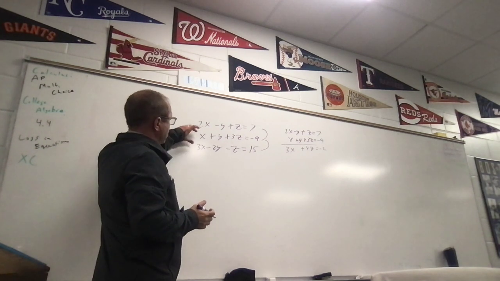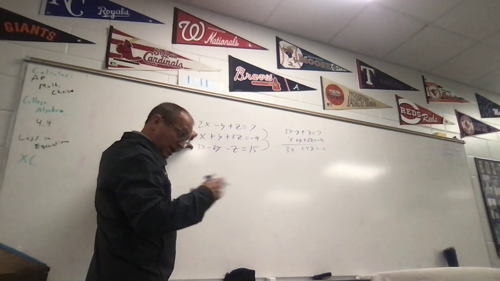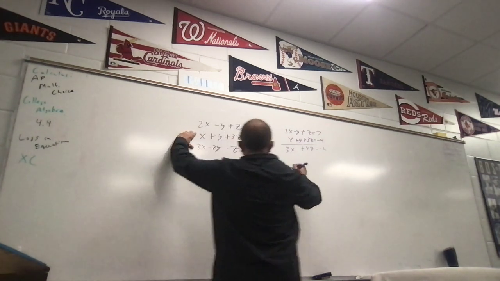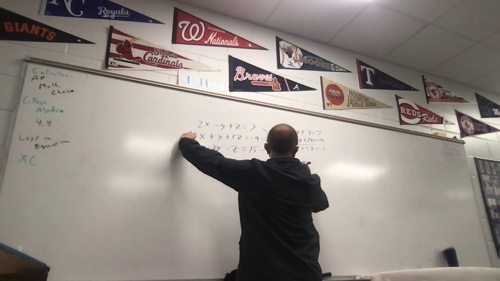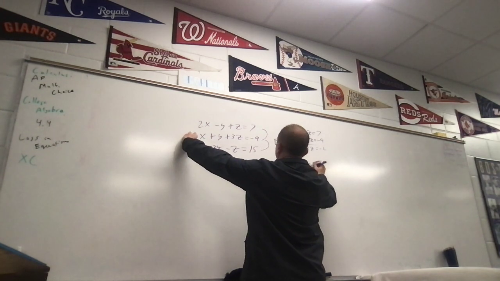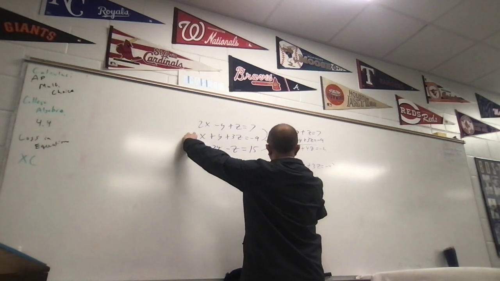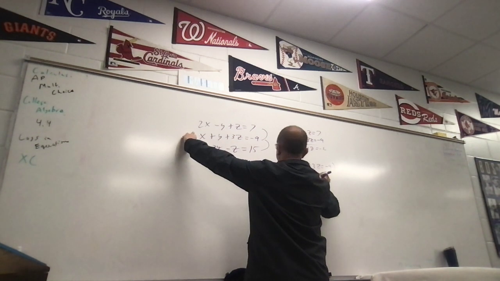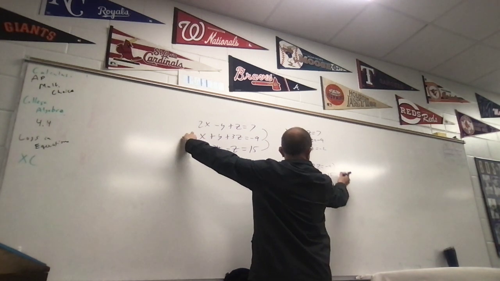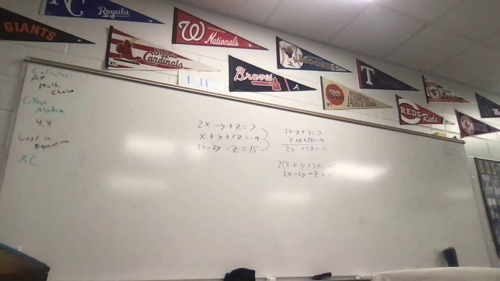All right. Now I need to group these 2 together, but y will not eliminate automatically here. I'm going to need to multiply by 2 on that first equation. Sometimes you'll have to multiply both equations.